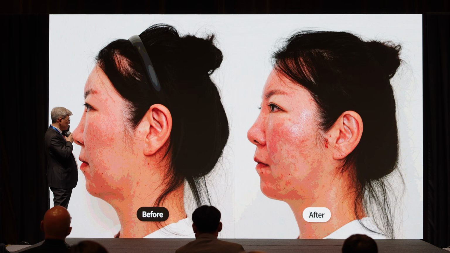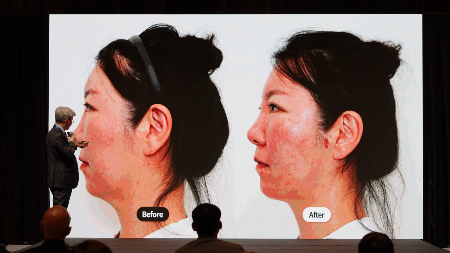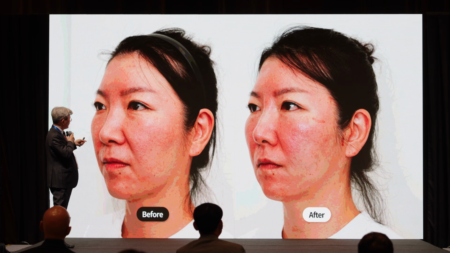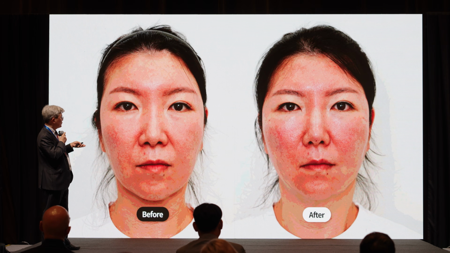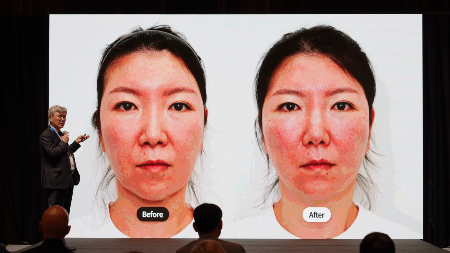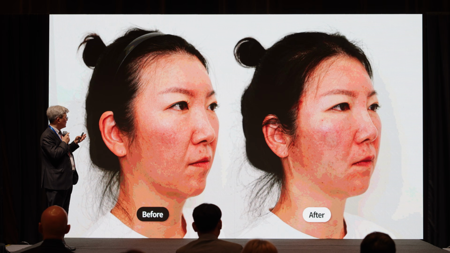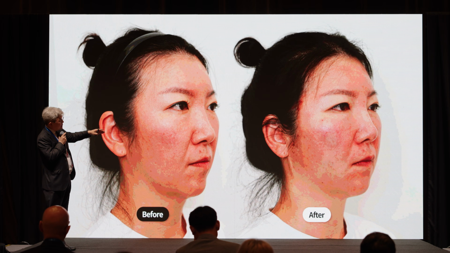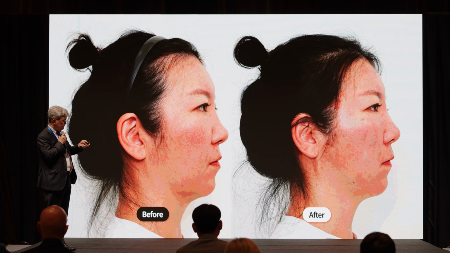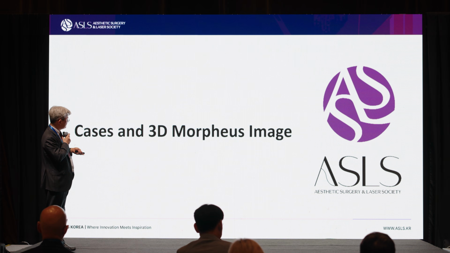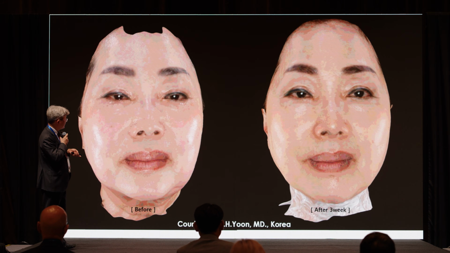So this is the demonstrated patient. Immediately after, her face is a little bit edematous, but the jaw, marionette, and nasolabial fold are more lifted up, and the lower malar fat is displaced more. And 3D EVG.